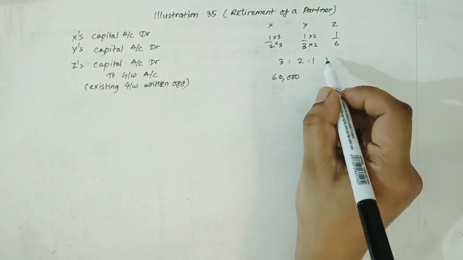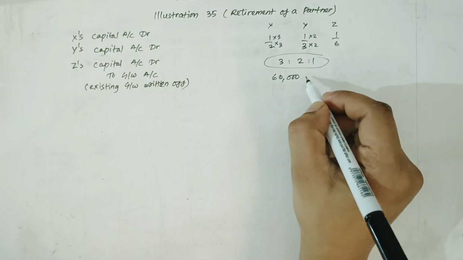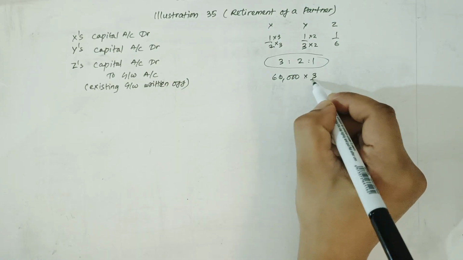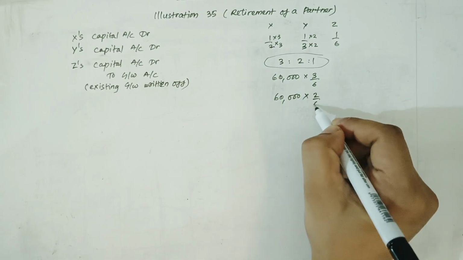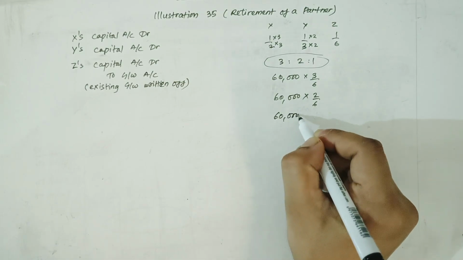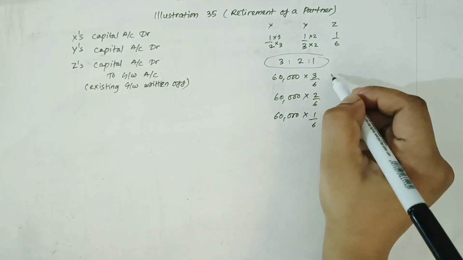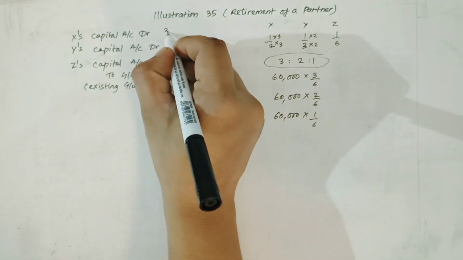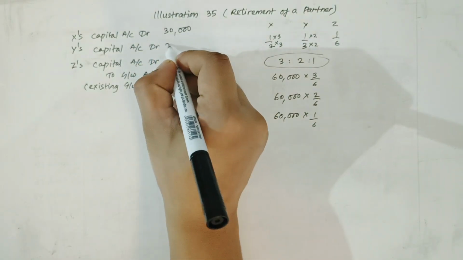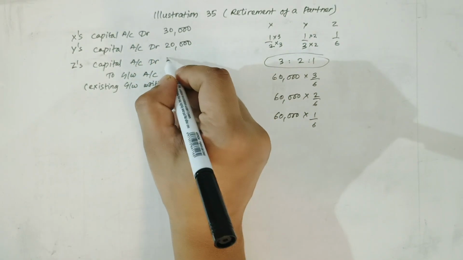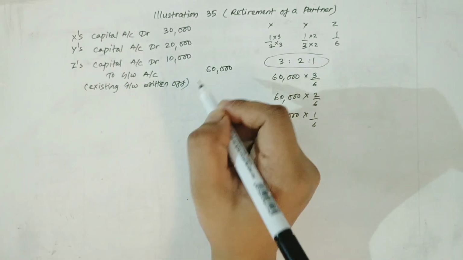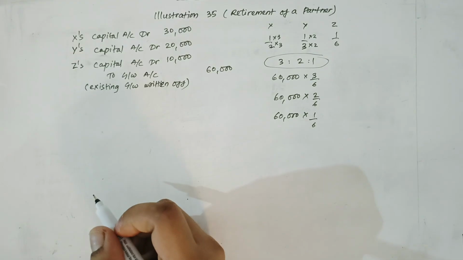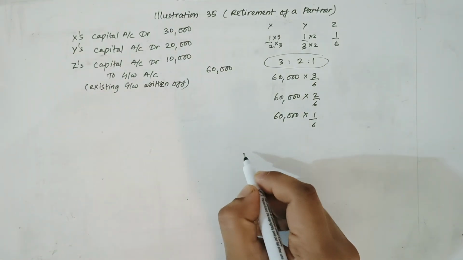It should be distributed among the partners in 3 is to 2 is to 1 ratio, which will be 30,000, 20,000 and 10,000. The goodwill value is 60,000. Existing goodwill written off.